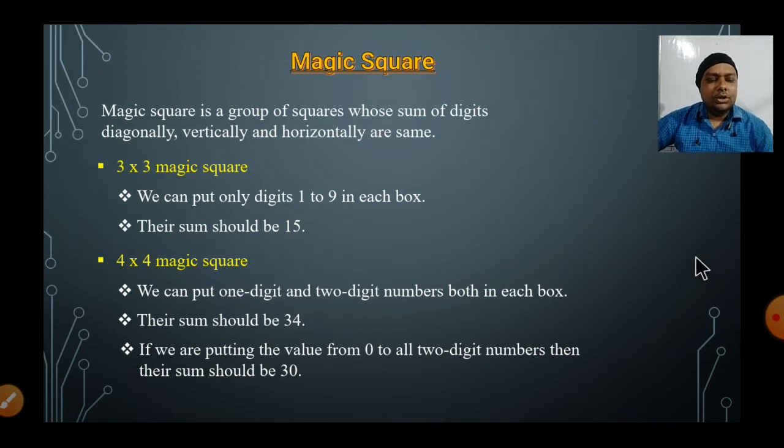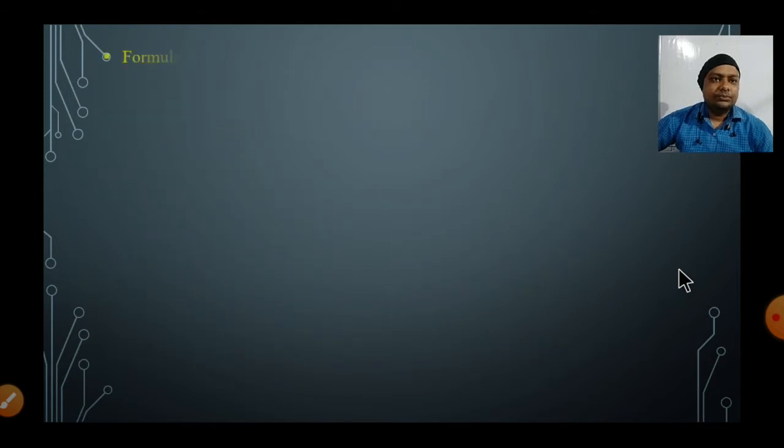Now students, let's solve some questions based on magic squares. Before that, let's find the formula for the sum of digits in a magic square. The basic formula is sum is equal to n into (n square plus 1) by 2.